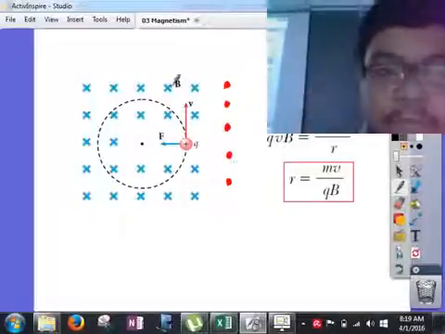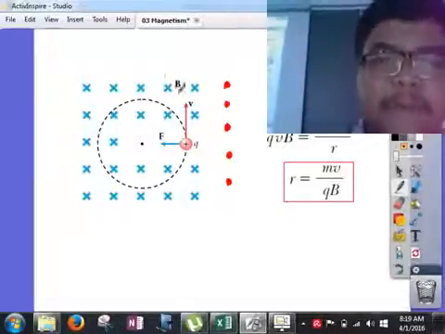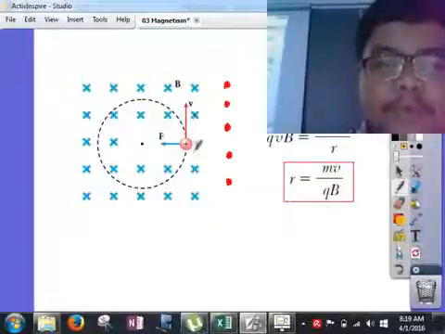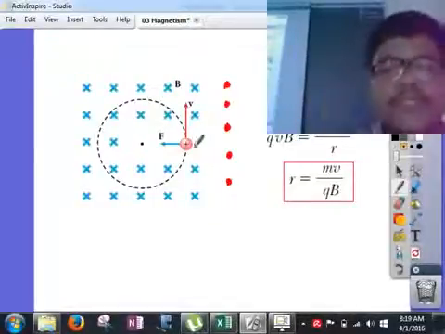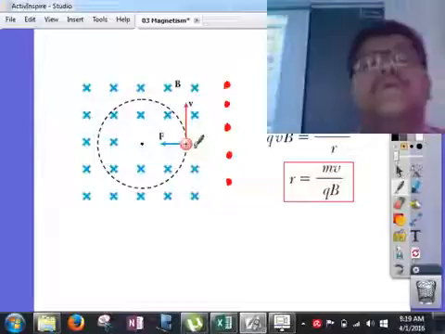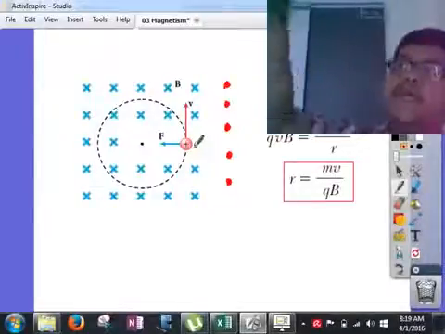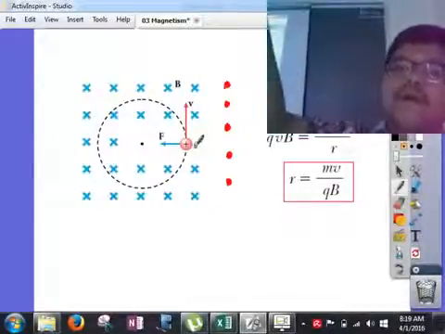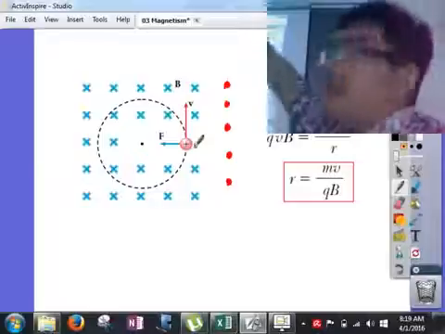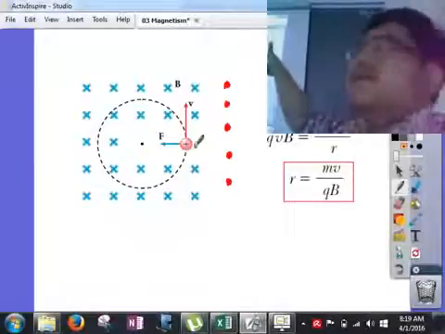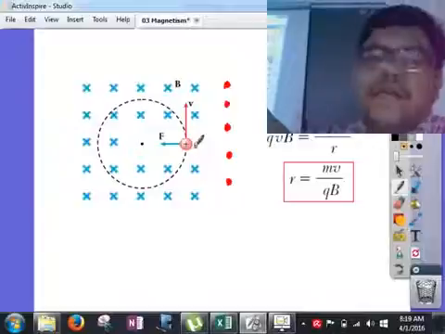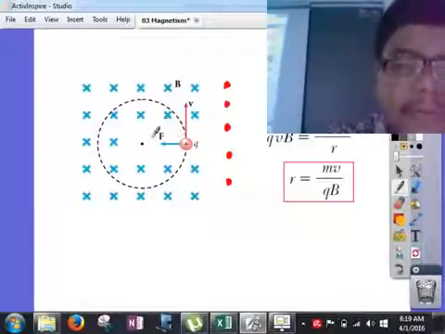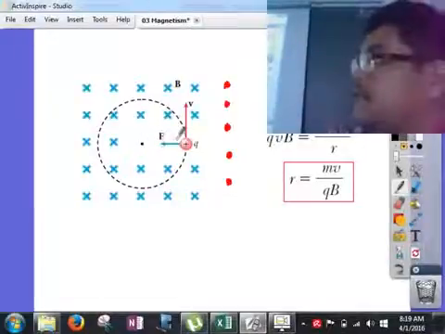So in this case, B is going away from us, V upward. So we can find the force, V, B, F. Okay? V upward, B, F. Got it? So the force will be to the left.